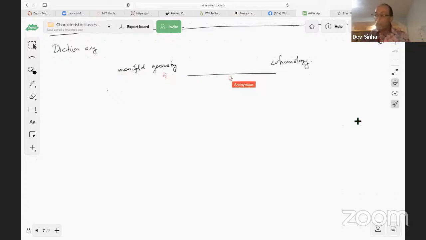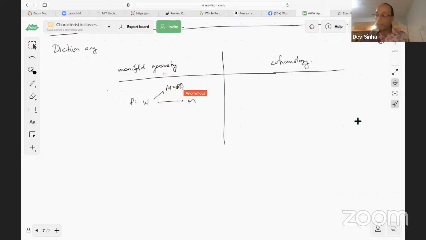So if we've got F from W to M, and then maybe we factor it through a bundle or a trivial bundle if we want to co-orient things, then we get a cochain.